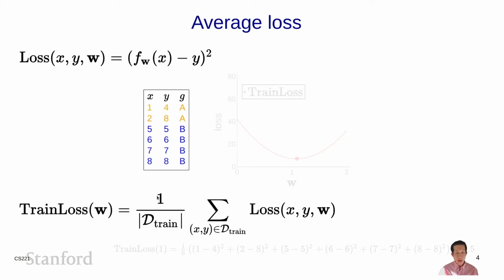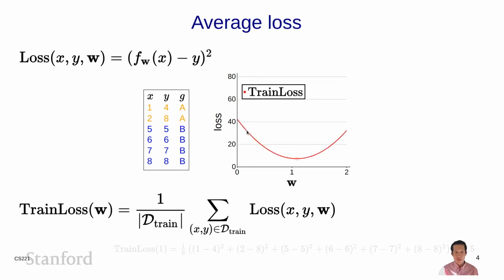It's going to be the average, so 1 over the number of training examples, times the sum over training examples of the per-example loss. So visually, we can see this on this plot where for each value of w, in our case here, remember w is a scalar for this particular example, we get a loss value. So this is the training loss, which is this curve here.